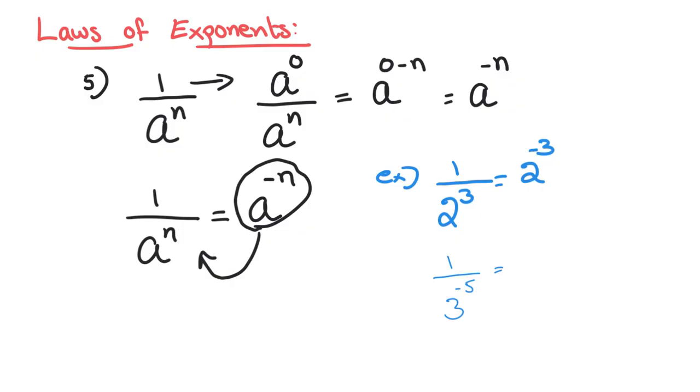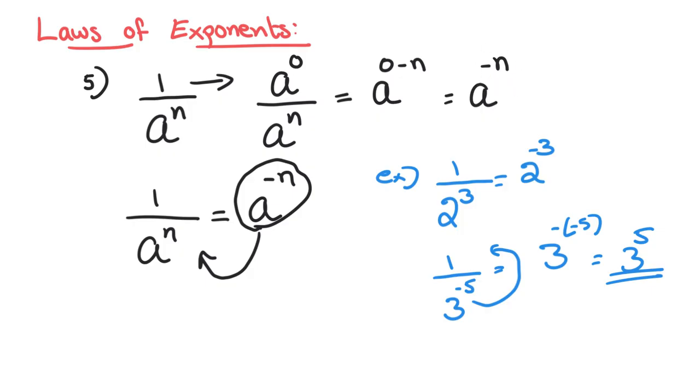When this comes on top, it will be 3 to the power negative negative 5, which will be 3 to the power 5. So in other words, when you simply bring the denominator onto the top, the sign of the power changes. Do you observe? So now you know how to deal with the negative exponents.